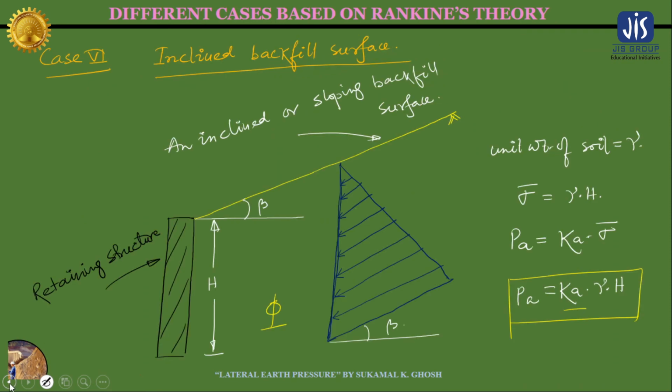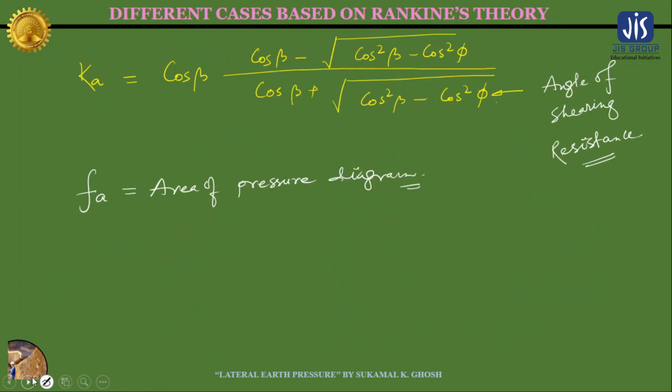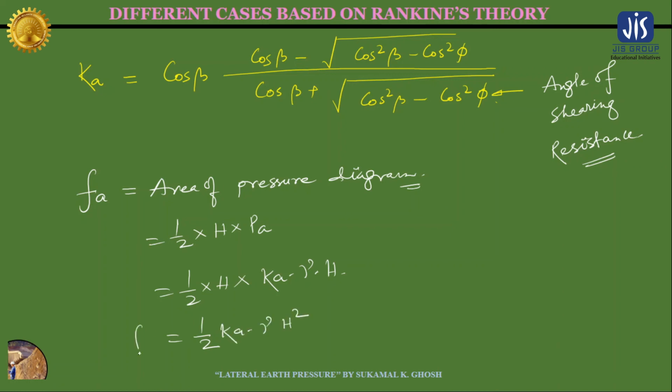This is a triangular distribution, and the value of active earth pressure here, that is PA, is Ka into gamma into H, and the height is H. So the area will be half into H into PA, and the PA is Ka into gamma into H. So the resultant active earth pressure force will be half into Ka into gamma into H square.